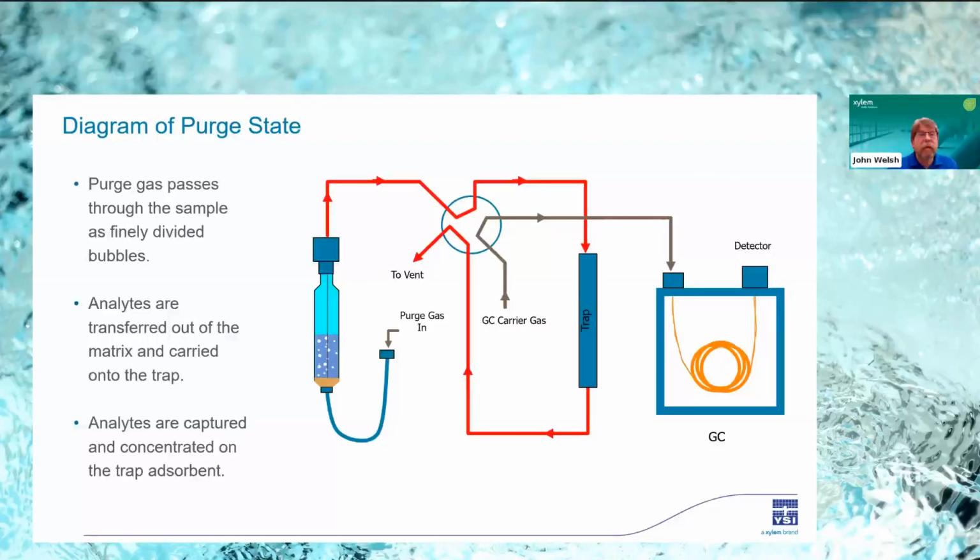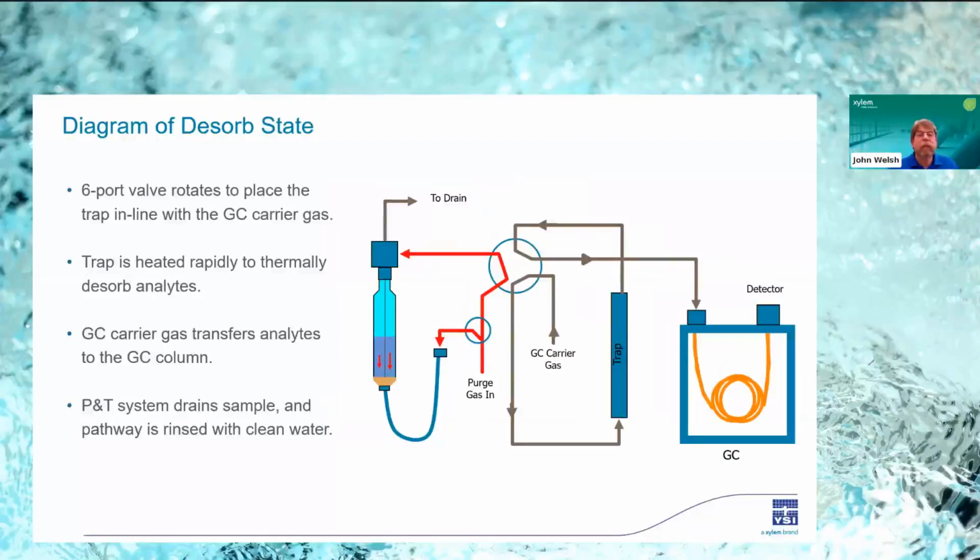In the next state, the desorb state, the valve rotates, and the trap is heated to rapidly thermally desorb these analytes. The carrier gas transfers the analytes onto a GC column. Then the purge and trap drains the sample, the pathway is rinsed with clean water, and it gets ready for the next sample.